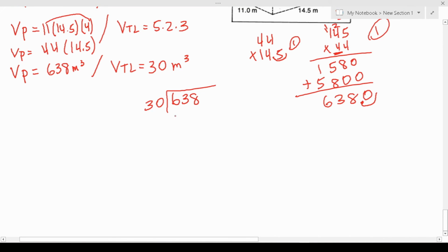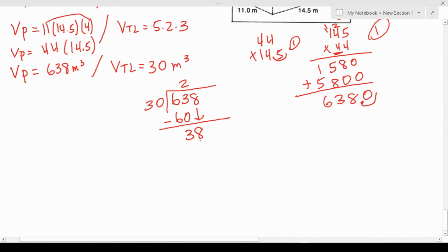All right, so now we're asking ourselves, how many times does 30 go into 6? It doesn't. 6 is too small. How many times does 30 go into 63? That's going to be 2 times. 2 times 30 is 60, so we're going to subtract. 63 minus 60 is 3. We're going to drop down this 8.